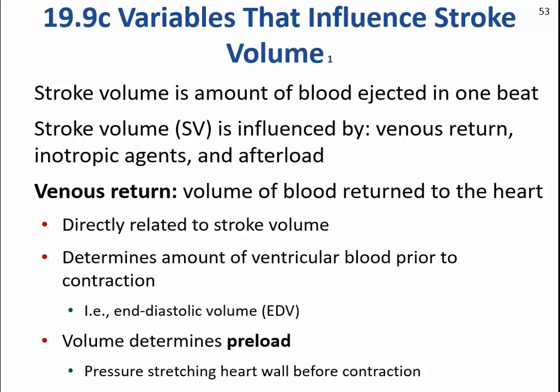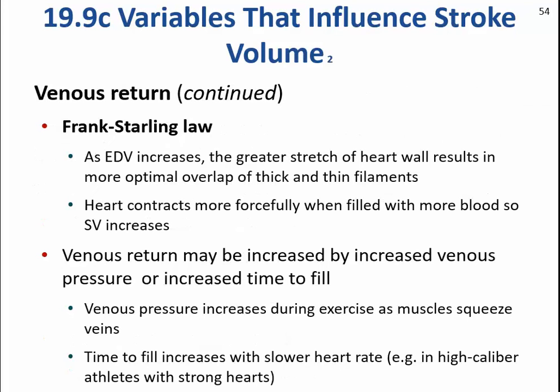Now, one of the interesting things is that as the heart fills, it stretches, and the overlap between actin and myosin, the thin and thick filaments, becomes optimal, and contractility of the heart is improved with this, and so that will also increase stroke volume.